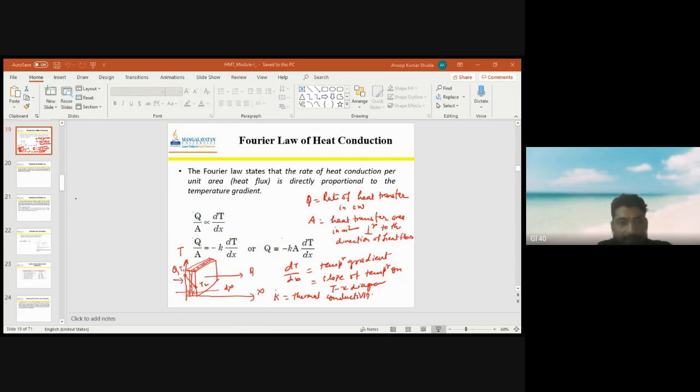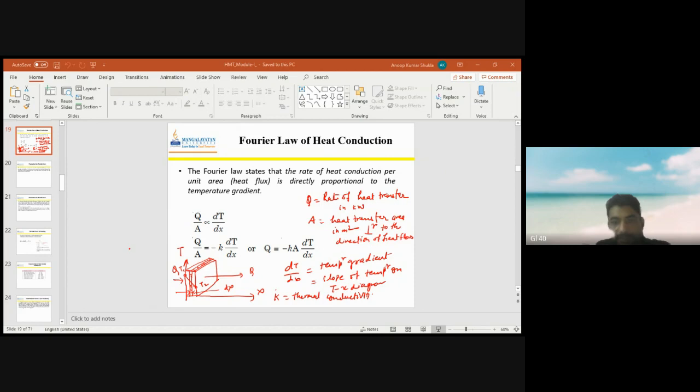So we noted down all these parameters. Cross sectional area A will be 0.5 multiplied by 3 meter.